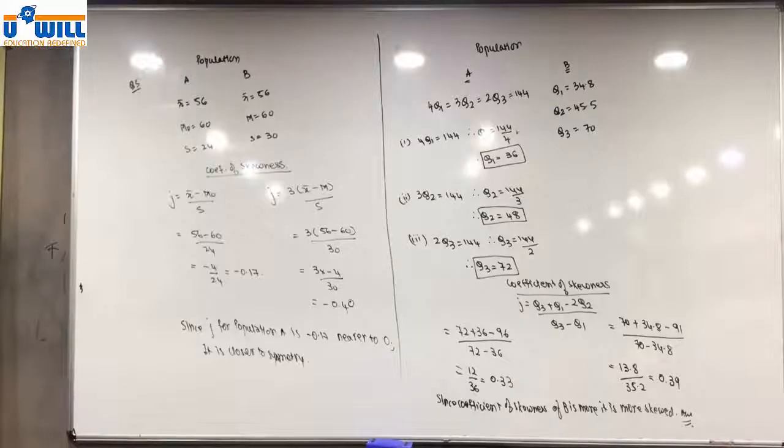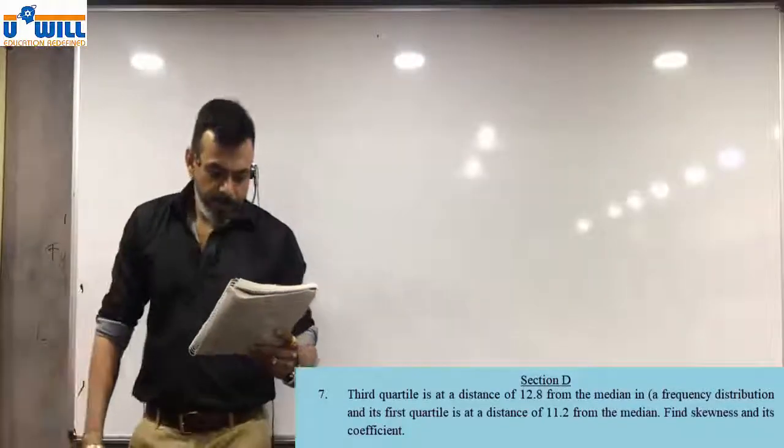The one further from zero, the bigger number means more skewness. A lesser number means nearer to symmetry, less skewed.